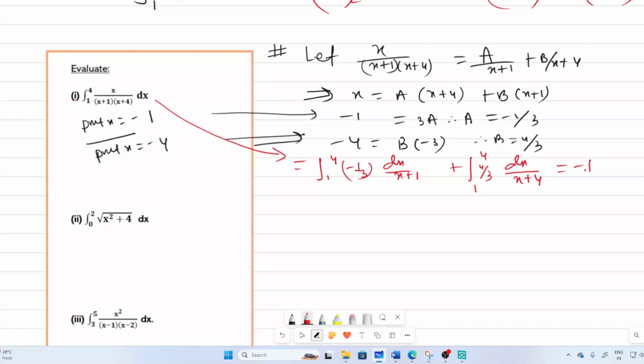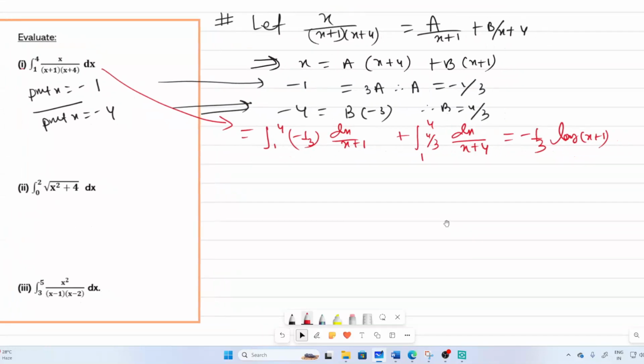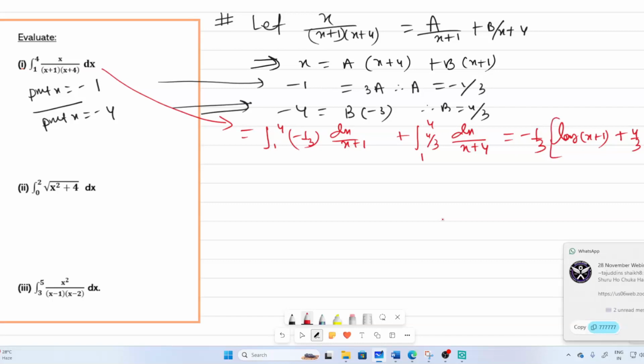So on integration, minus 1/3 will come out, log (x plus 1), plus 4 by 3 outside, log (x plus 4). Nothing is negative, so we need not put a minus sign over there. In both cases, the limit is going from 1 to 4.